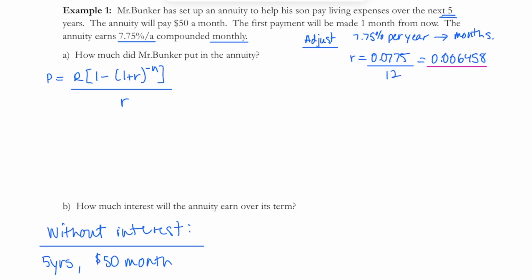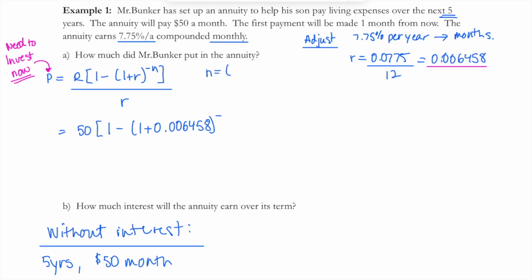I just want to remind you that P is what we need to invest now in order to pay out $3,000 over a period of 5 years. That's the question. We know the regular payout needs to be $50. Then I'm substituting in 1 minus 1 plus 0.006458 to the negative. Now, n is the number of periods.